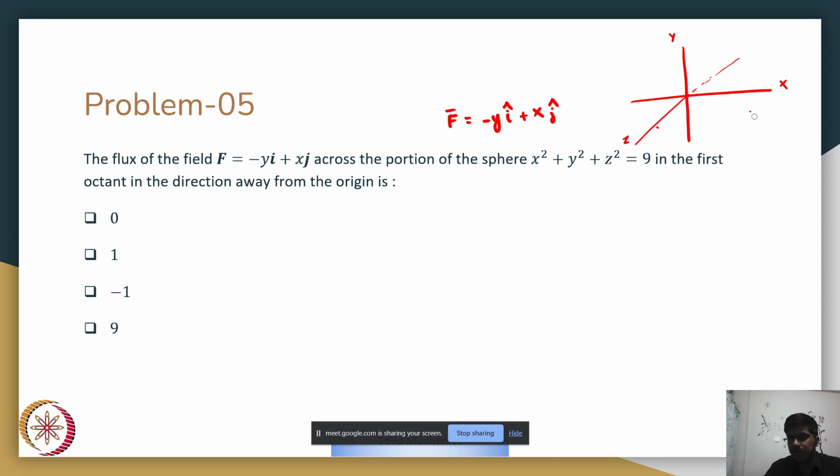We are actually asked to calculate it only in the first octant. So while my whole sphere would look like this dotted line, we have been asked to restrict ourselves to only the first octant.